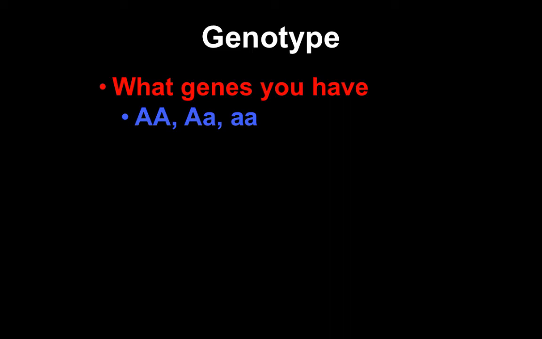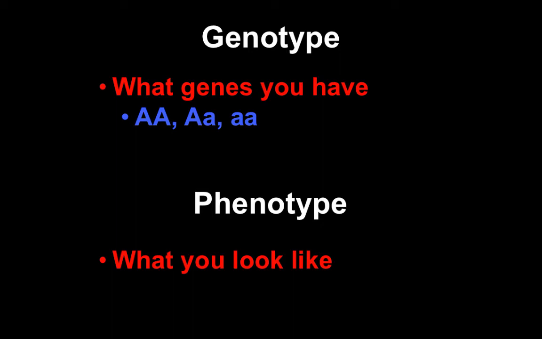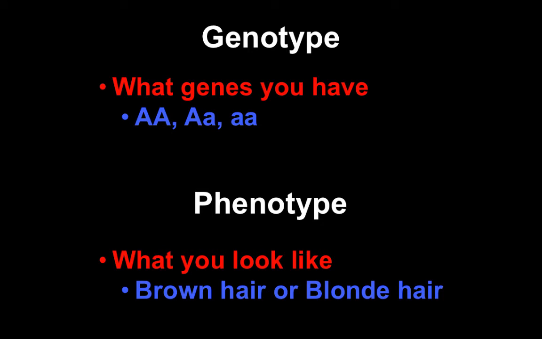So your genotype is going to determine your phenotype. And your phenotype is what you look like. It's your physical form. That's going to be something like, do you have brown hair or do you have blonde hair? So just like DNA, your genes determine your traits, your genotype determines your phenotype.